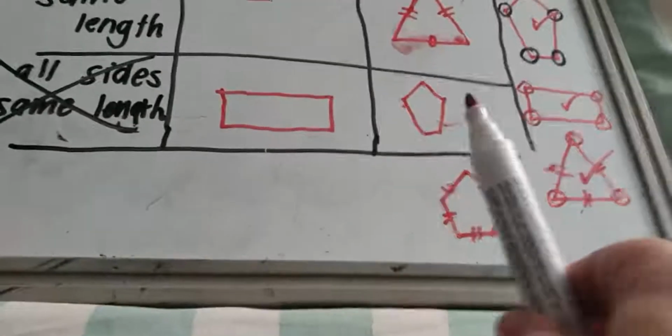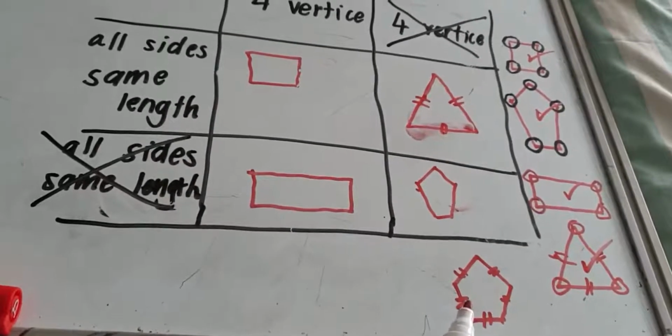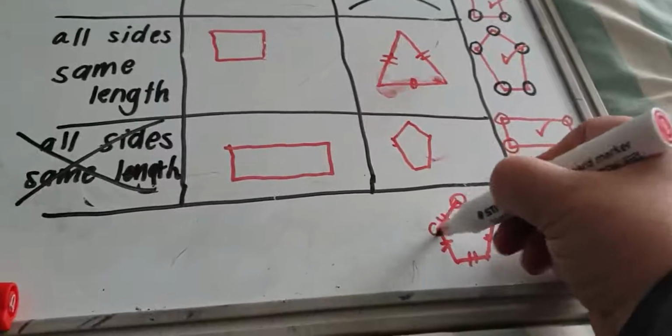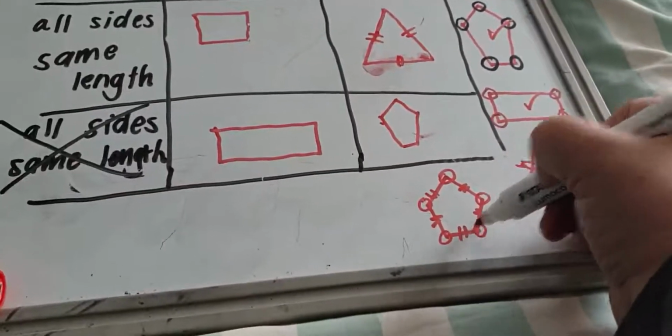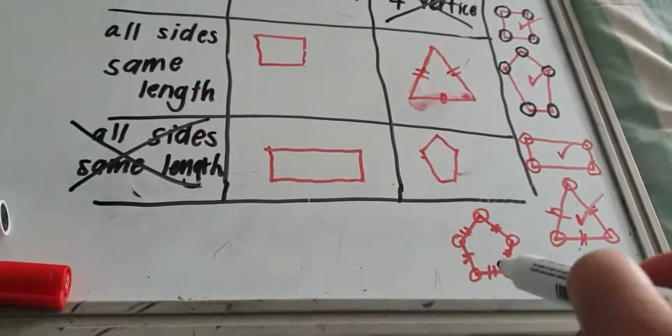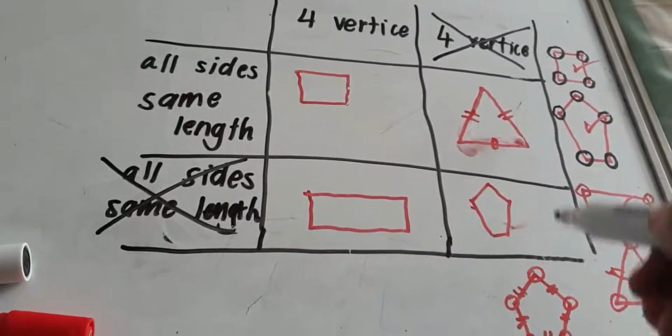Right, what about this one now? We've got another pentagon. So, how many vertices? 1, 2, 3, 4, 5. So it doesn't have 4 vertices. Are all sides the same? Yes, they are. Where's it going to go? Can you work it out?